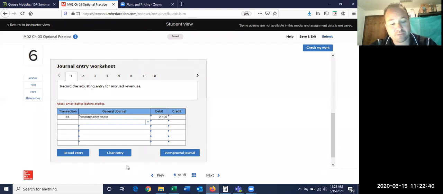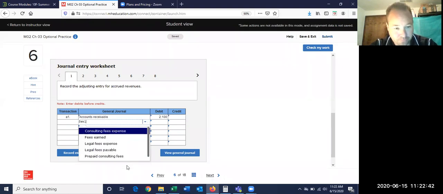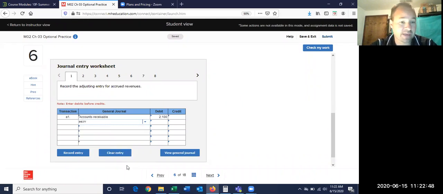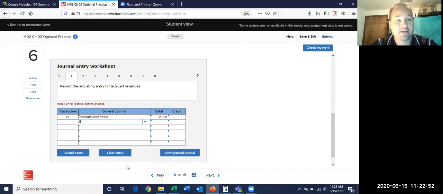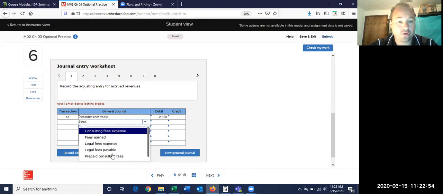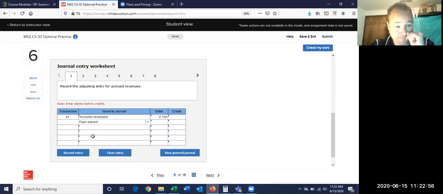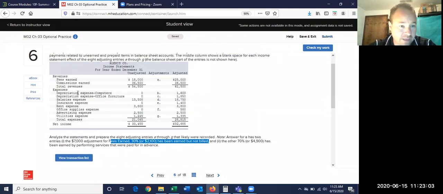And you've got to use the right words here. If you use service revenue, nothing's going to come up. If you use sales revenue, nothing's going to come up. On this one, you've got to use fees earned, and fees earned was 2,100. You can know to use fees earned because that's the account they use here.